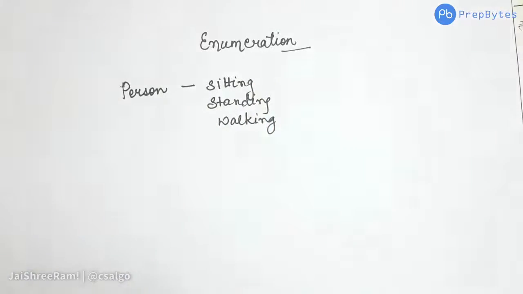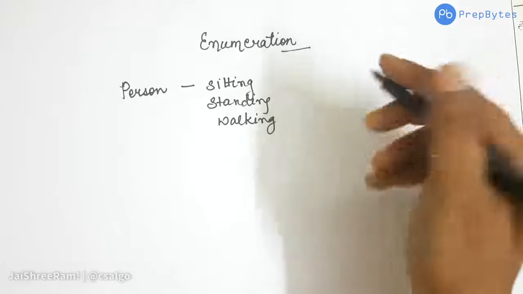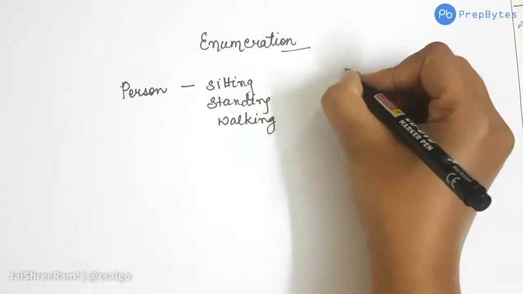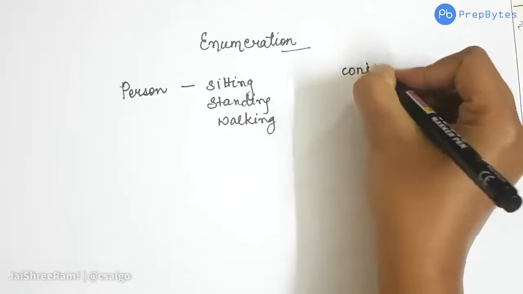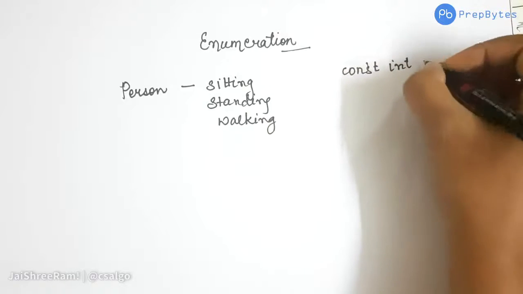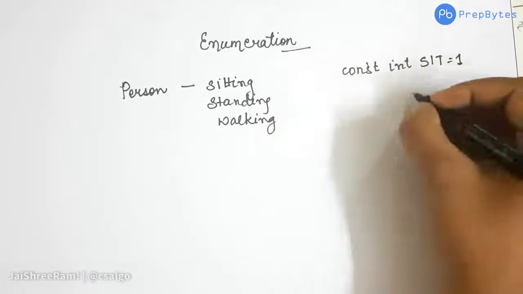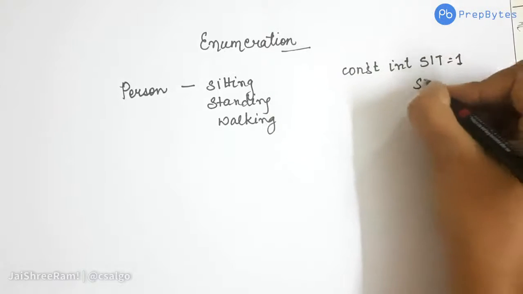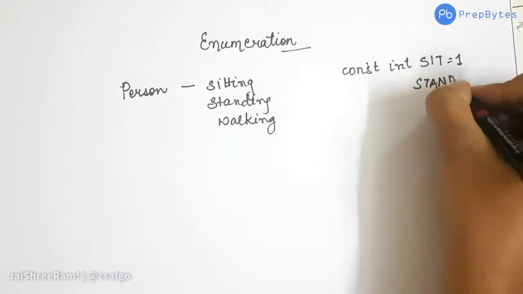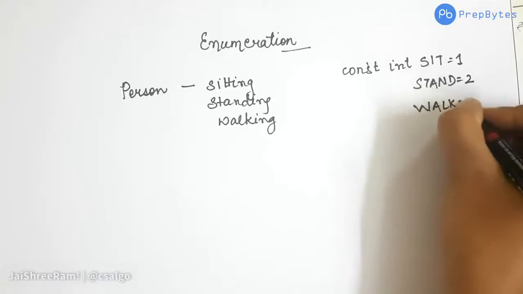So what you can do is, let's say you can have three integer constants. Const sit is equal to 1. Let's say you do this, you have another constant stand equal to 2, walk equal to 3.